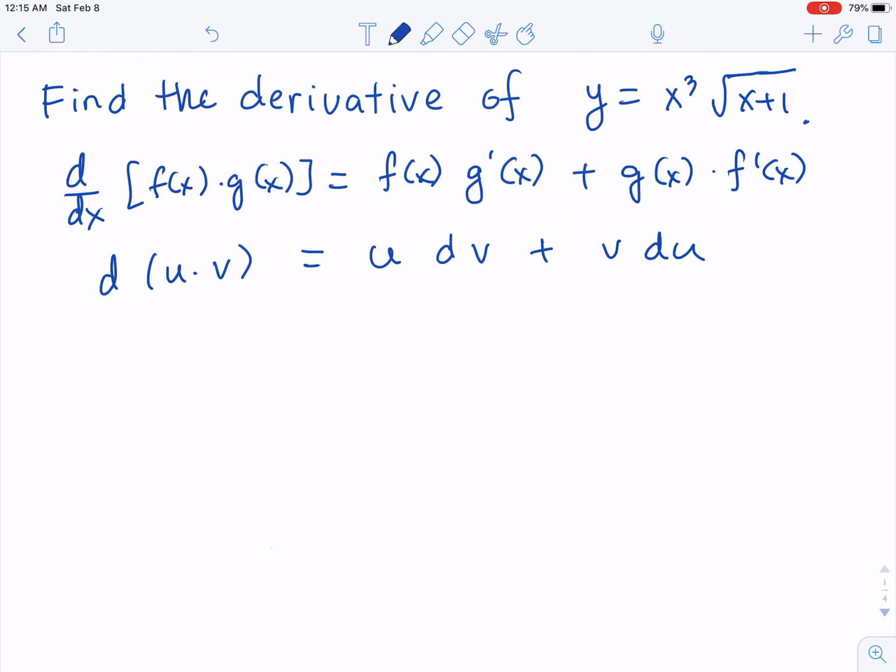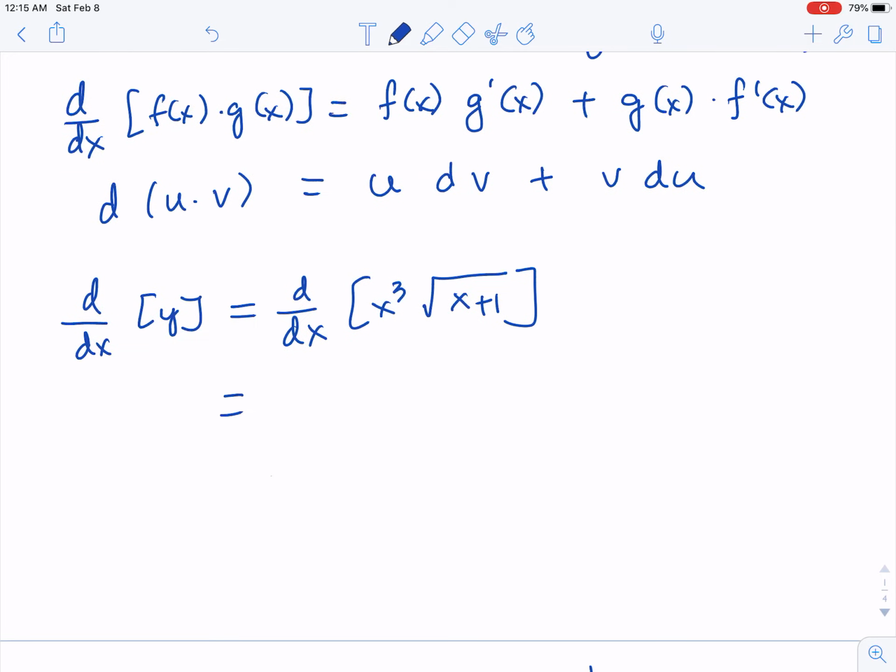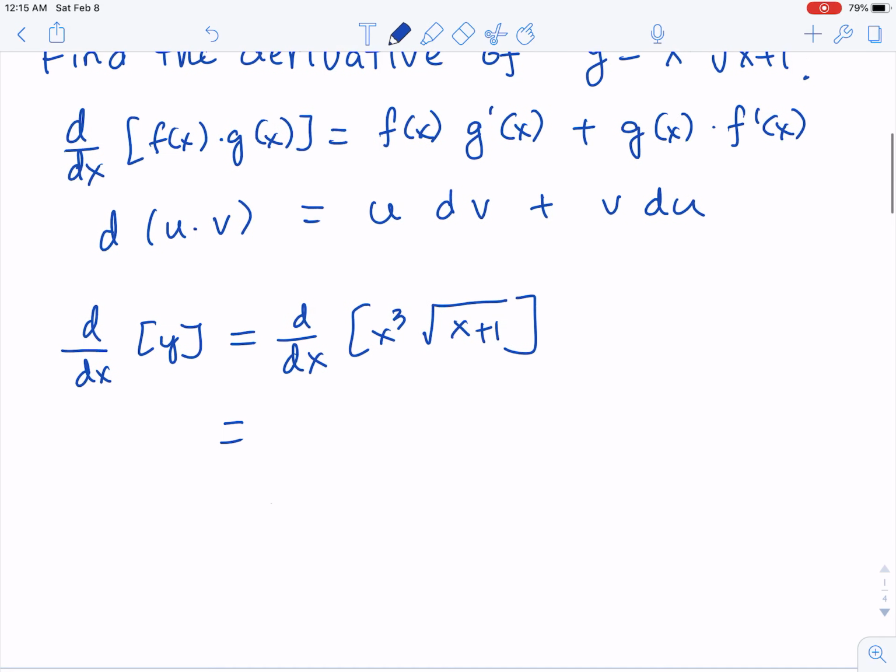Okay, so, paano natin kukunin yung derivative ng y equals x cubed times square root of x plus 1. Derivative of y, we get the derivative of the left-hand side is equal to the derivative of x cubed times square root of x plus 1. By the product rule, anong u natin?